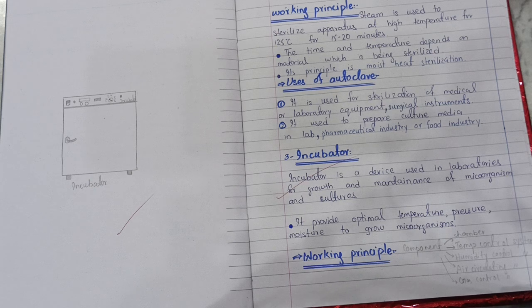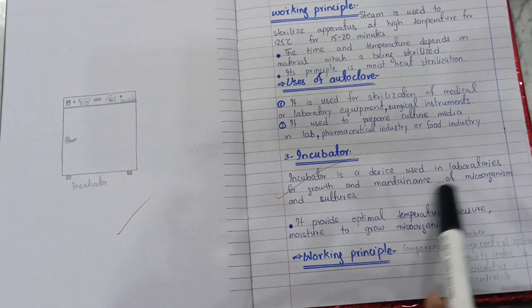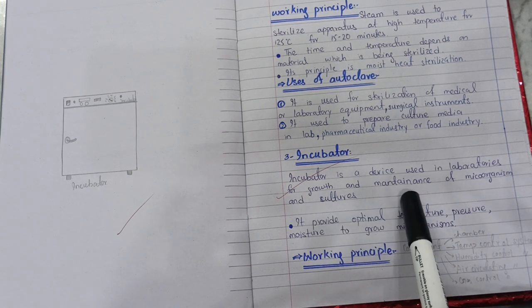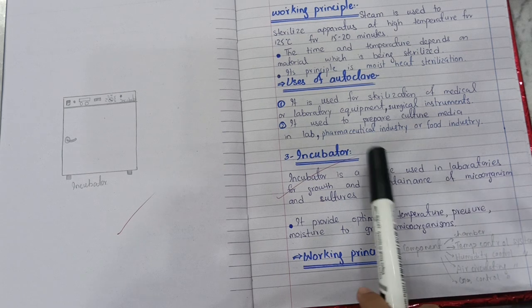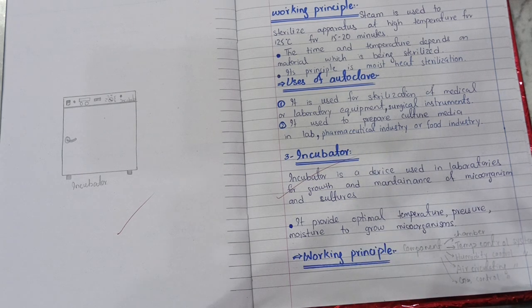Let's study that. An incubator is a device that is used in the laboratory for the growth or maintenance of microorganisms. So if you want to culture bacteria, you will put the media into the incubator. If you want the culture of viruses inside chick eggs, then you can definitely put them into the incubator, and then you will see it.